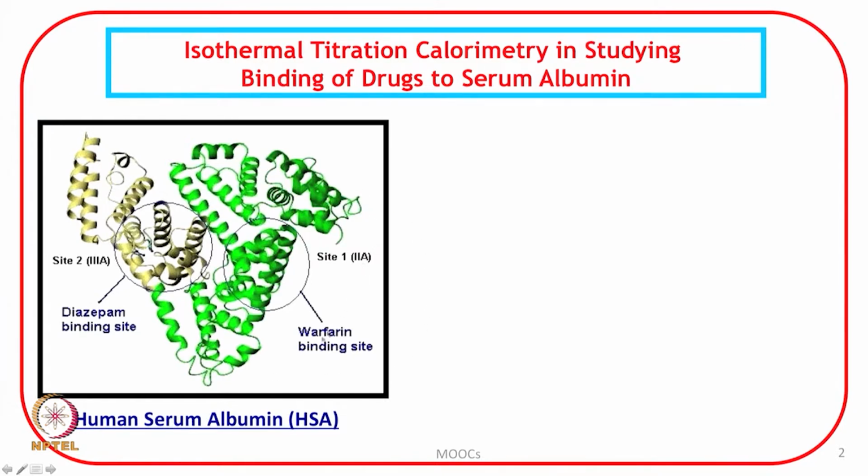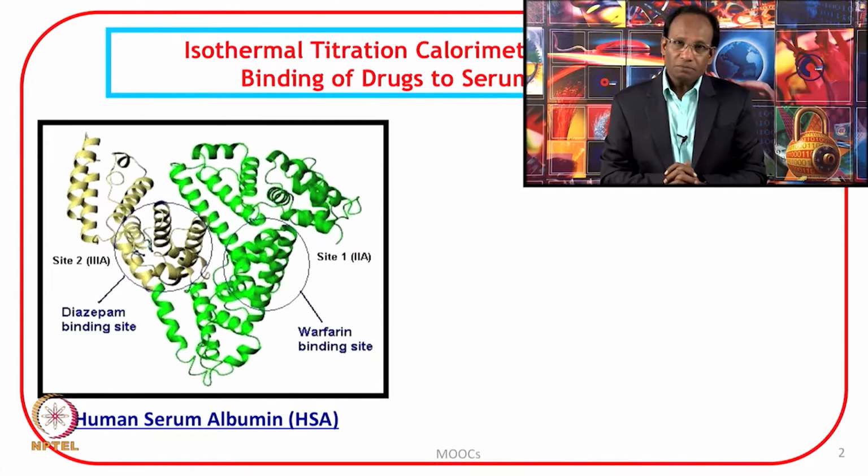and as its structure itself suggests, a variety of molecules can bind to it. And once again recalling my discussion in the previous lectures, serum albumin or human serum albumin is a main drug transport protein in the living system.